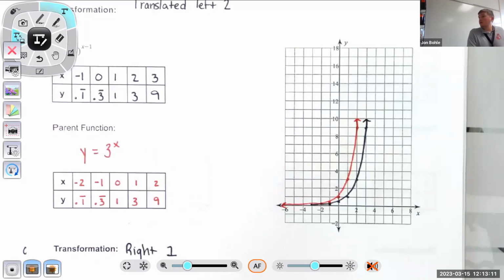Okay, we have one last thing we're going to do before I give us a little break. We're going to go back to the front page and we're going to discuss what is now going to be called the H value.